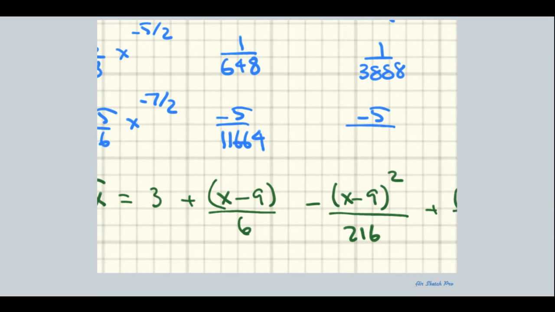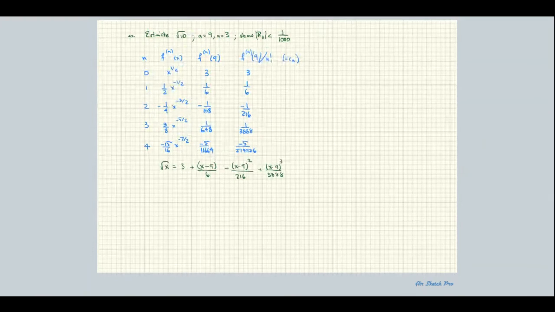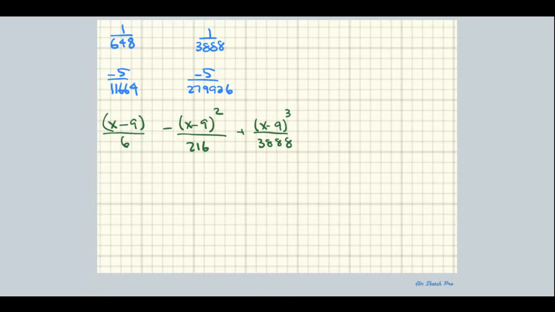Negative 5 over 279,936. Yay. Minus 5, x minus 9 to the 4th over 279,936.